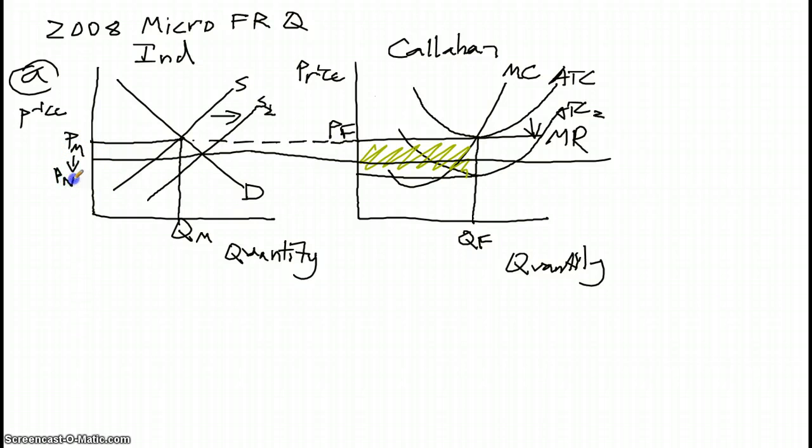So price N for new. As for industry output, it would increase because the supply increased. So Q new.